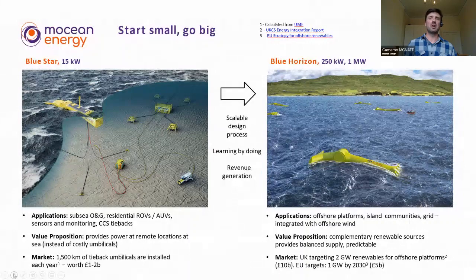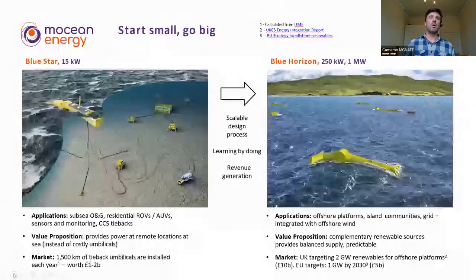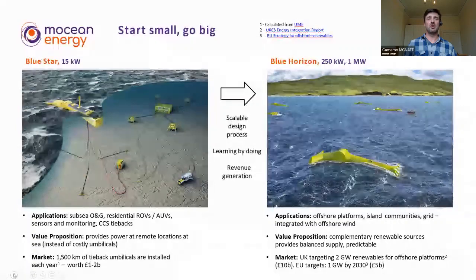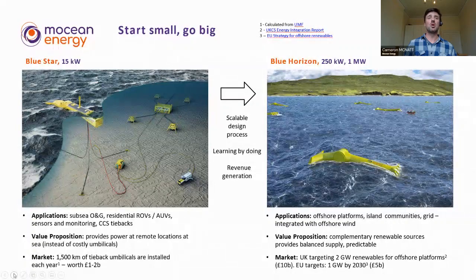The subsea power market is in the billions for sure. But what our design process and the learning by developing Blue Star and applying it commercially will hopefully provide some cost reductions and revenue generation towards the development of our larger scale Blue Horizon technology.